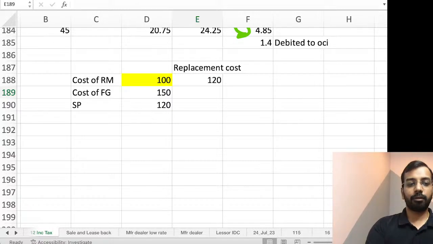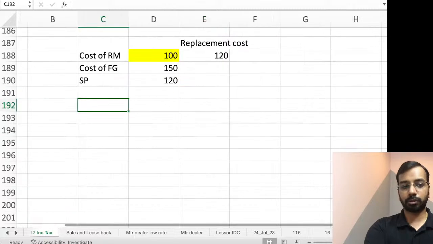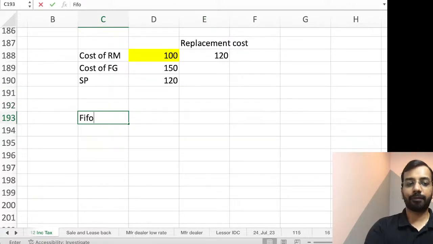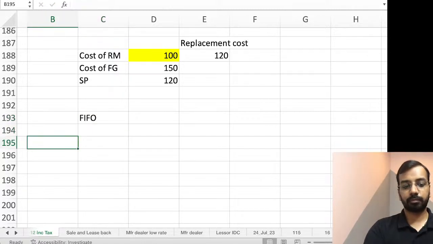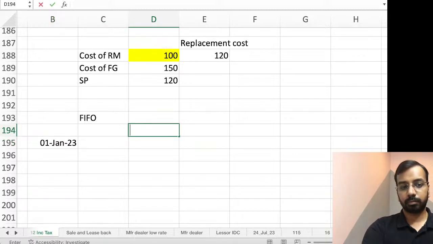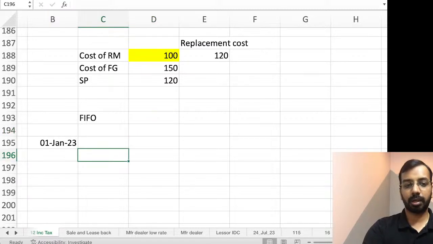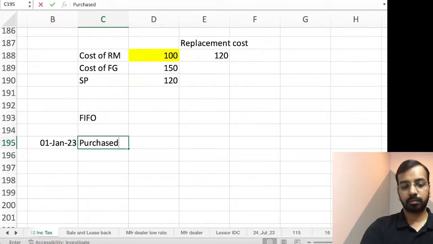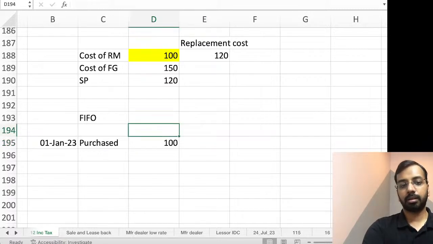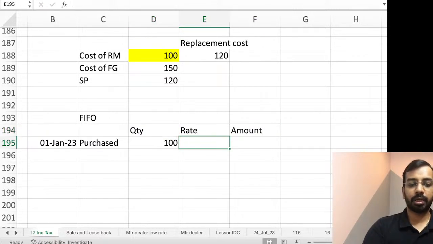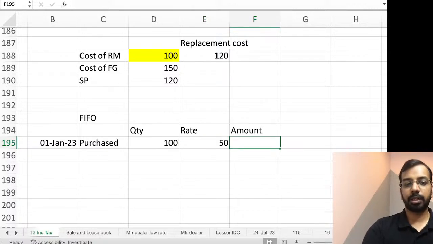Now, if you look at the FIFO and LIFO method, not LIFO, LIFO is not permitted, sorry, FIFO and weighted average. If you look at FIFO method, let us say on 1st of January of 23, purchased 100 units, rate, amount. Purchase 100 at, let us say, 50, amount is 100 into 50, 5,000.